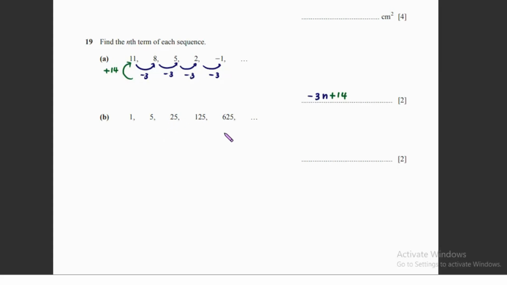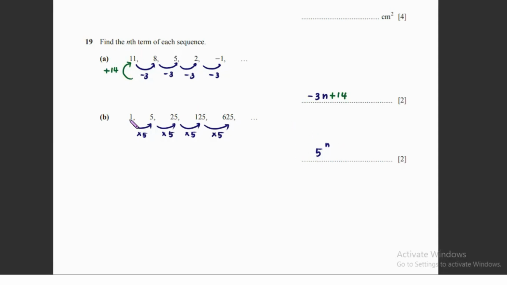That means this is going to be an exponential sequence, which means each time I need to multiply by 5 to find the next number. As it gets multiplied by 5 each time, I can write it as 5 to the power n, where n represents any number. If I want to find the first term, I replace n with a 1. When I replace n with a 1, I get 5 to the power 1, which is 5.